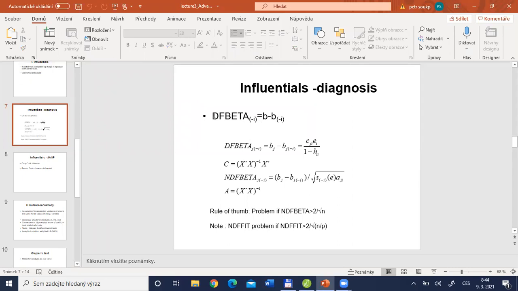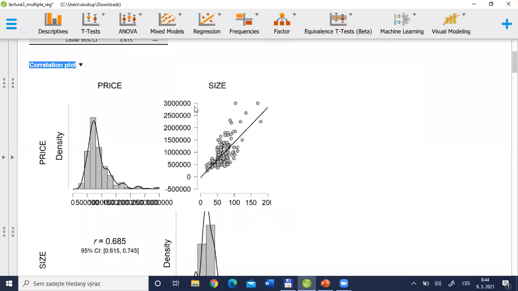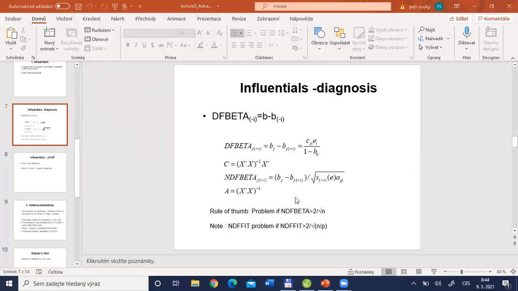The problem is that DfBetas as well as DfFits don't follow, once again, any well-known distribution, and usually follow the scale of the original dependent or independent variables. So there are special formulas for computing what could be called standardized DfBetas or standardized DfFits. These are usually called NDfBetas or NDfFits.